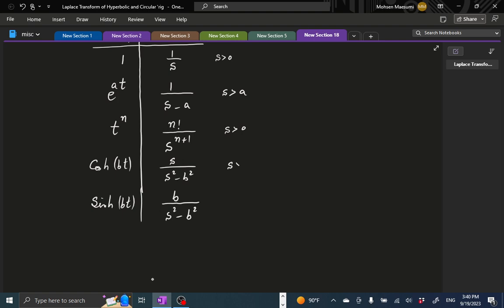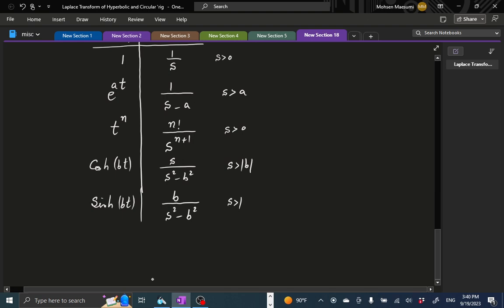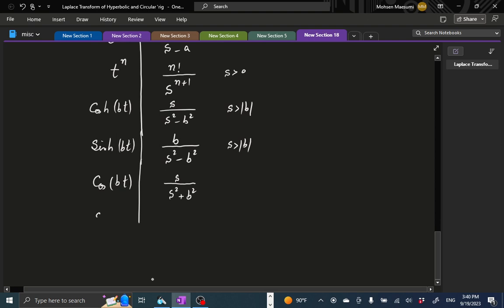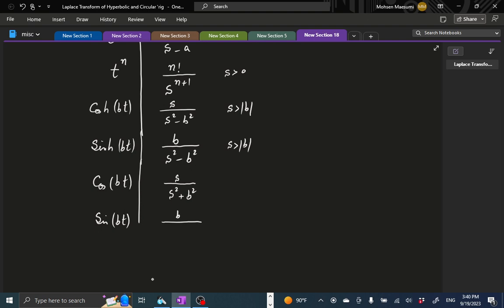In these cases, s has to be larger than both plus and minus b, so we can write it as s larger than the absolute value of b. Two more formulas we found today: cosine of bt, and that is just s over s squared plus b squared, and then we have, of course, sine of bt, and that's just b over s squared plus b squared.